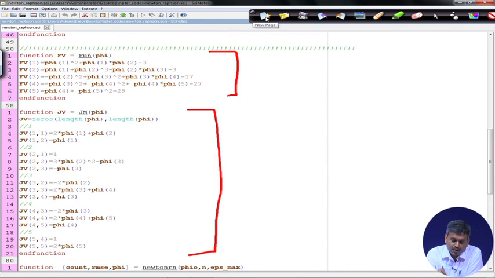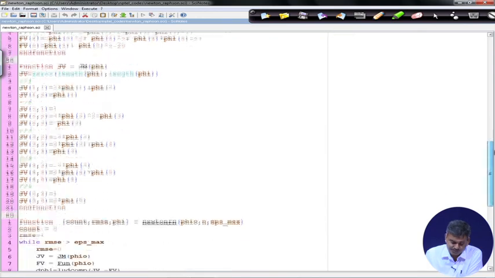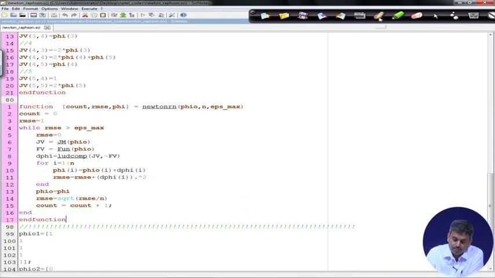Now, how to write that algorithm? We can start from count equals 0. Count means the number of iterations, the iteration counter in this case, and RMSE equals 1 to enter into this while loop. So, phi o, this is the Newton-Raphson method, NewtonRn.